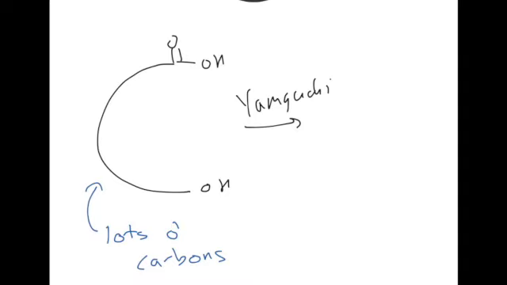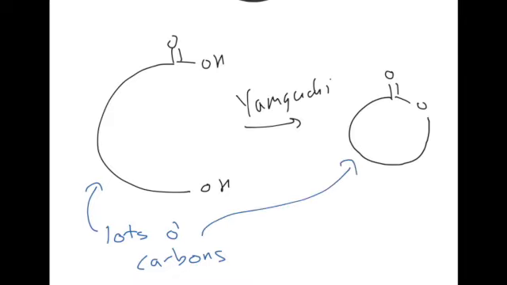And that will make a lactone. Lots of carbons. So this is a way to have your acid and your alcohol and then close the ring.